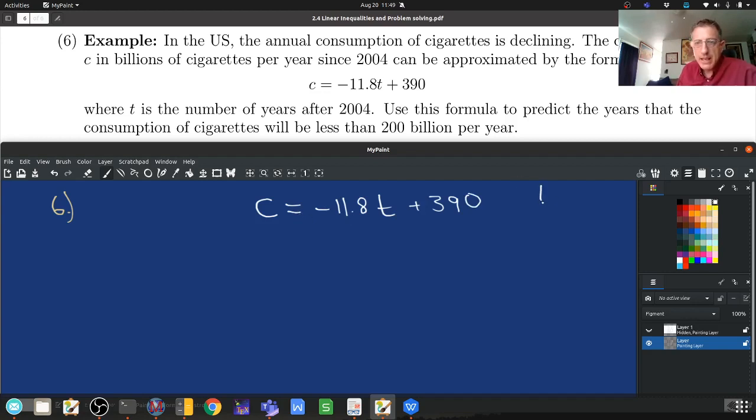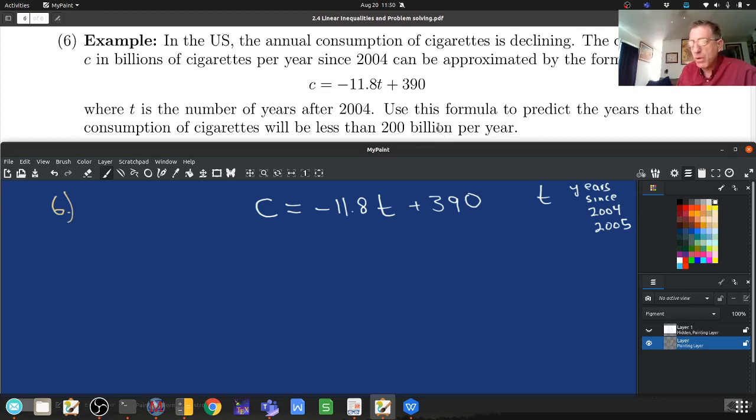And T is the number of years since 2004. So if T is 1, that means we're 1 year since 2004, we're in the year 2005. So use this formula to predict the years that the consumption of cigarettes will be less than 200 billion per year.